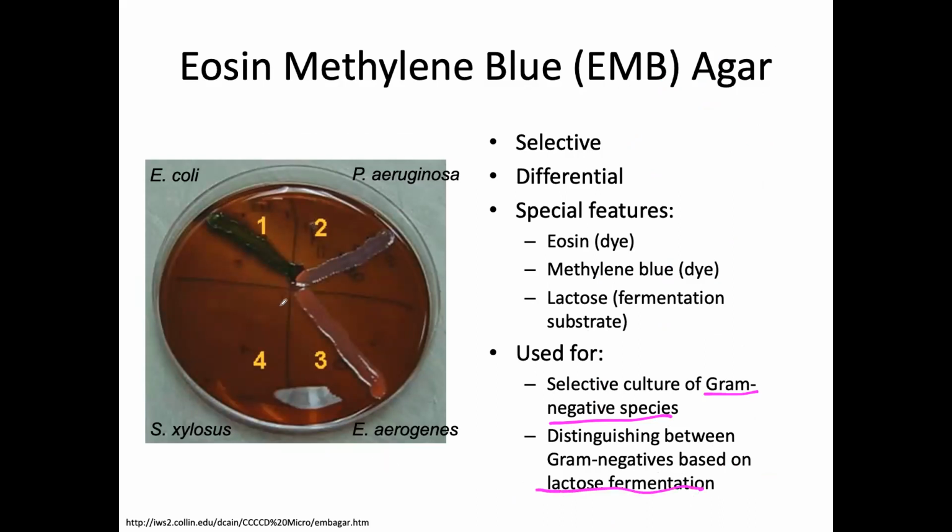If you can ferment lactose, you will appear a different color than if you can't. That's why it's differential. It's selective because only gram negatives grow.